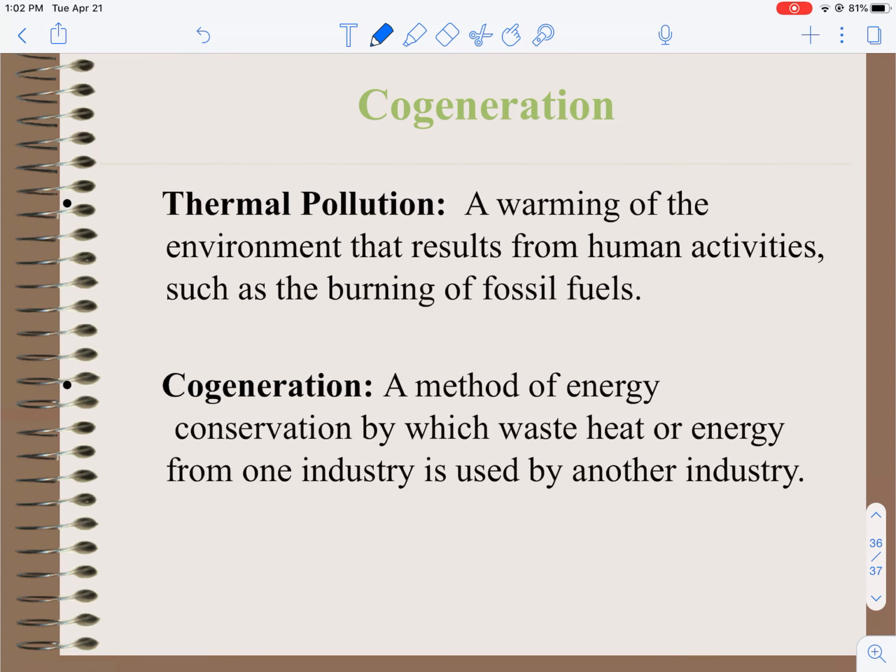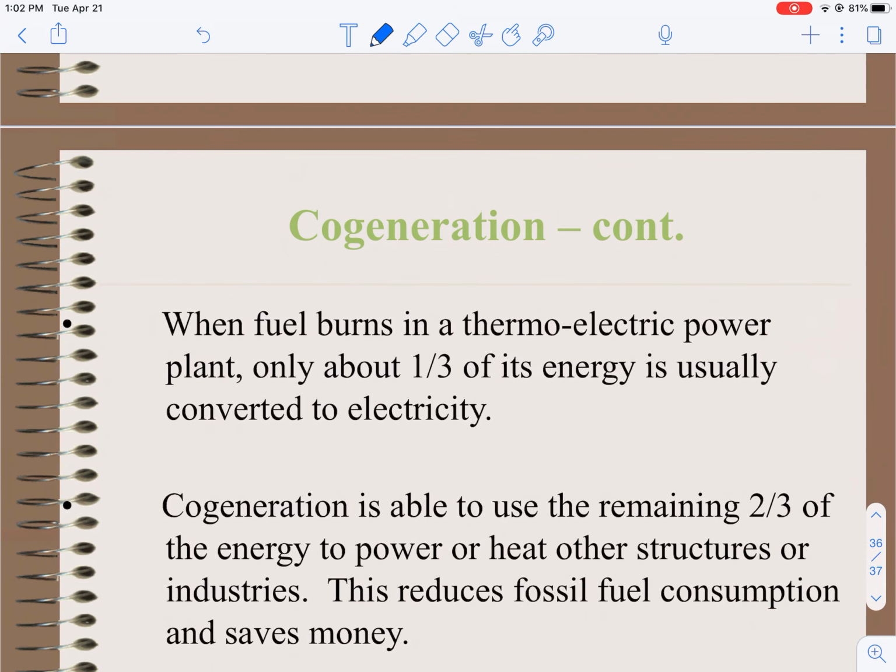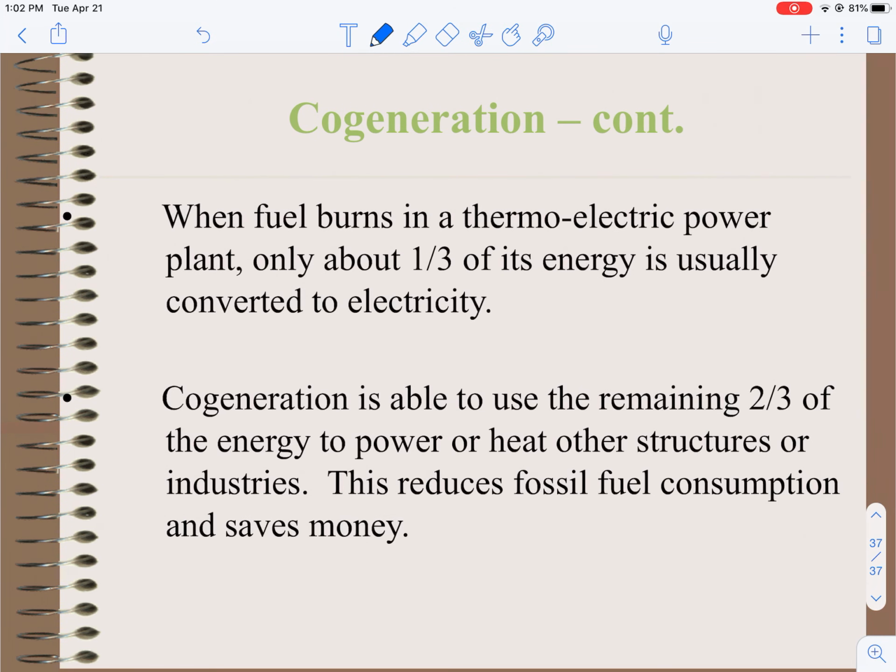Okay, last part here, cogeneration. This is a good thing where when there's waste heat coming off of some place that's using fossil fuels, they can take that waste heat and use it to heat their structure or use that heat for some useful purpose in their factory.